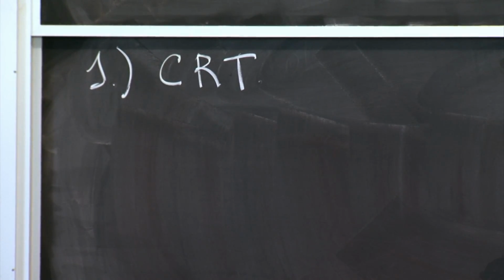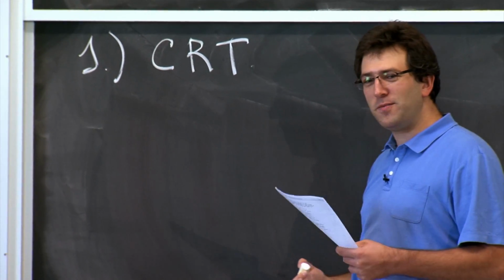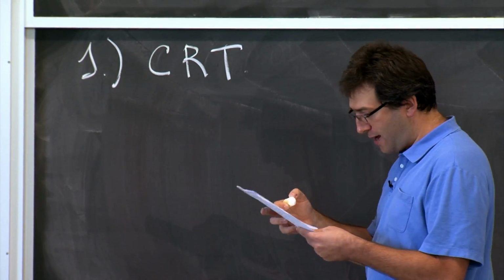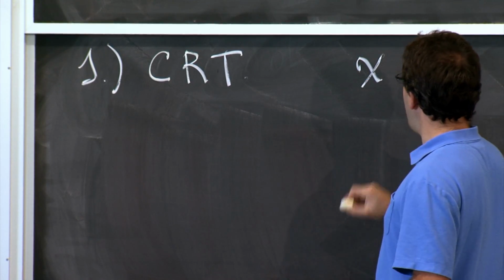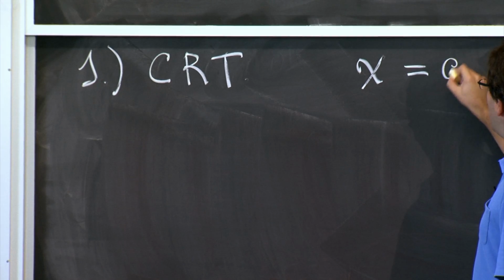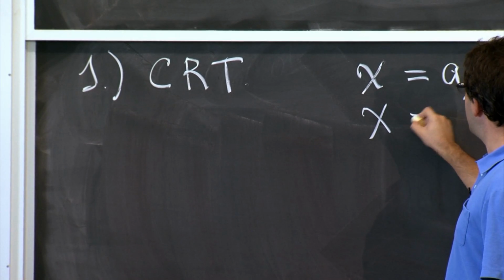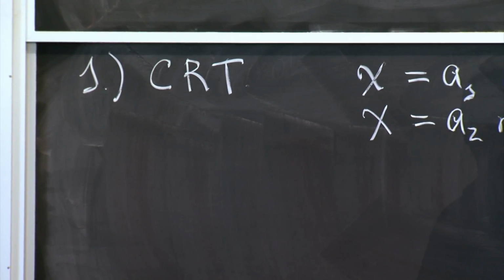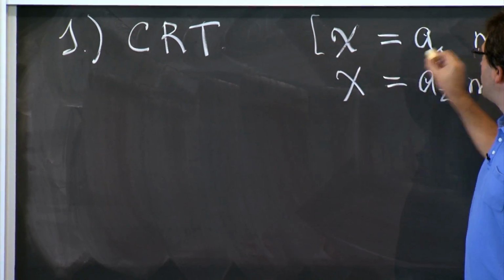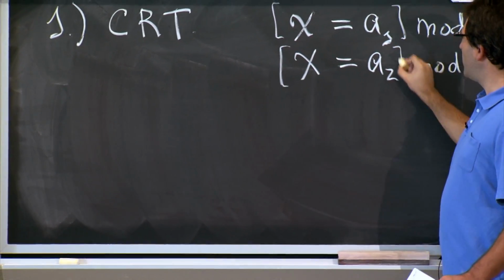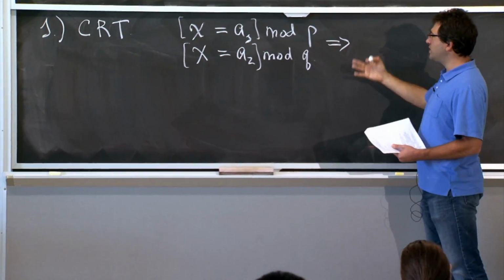Just to remind you from grade school or high school maybe, what this remainder theorem says is that if you have some value x, and you know that x is equal to a1 mod p, and x is equal to a2 mod q, where p and q are prime numbers, then it turns out that there's a unique solution to this mod pq.